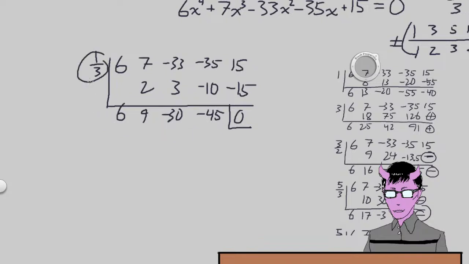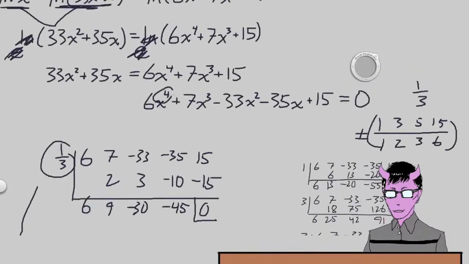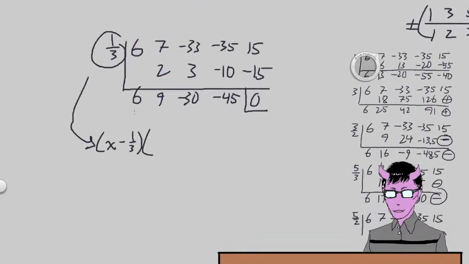Alright, so let's transform that from 0 into a factor. So it's x minus 1/3, which means these ones are exponent 3. So 6. We could factor 3 from each of these. Let's do that first. So divide by 3, divide by 3, divide by 3, divide by 3. So factoring out the 3, we are going to get divided by 3 is 2x cubed.